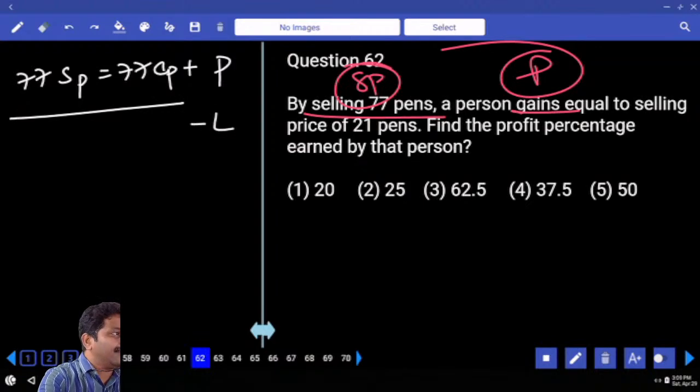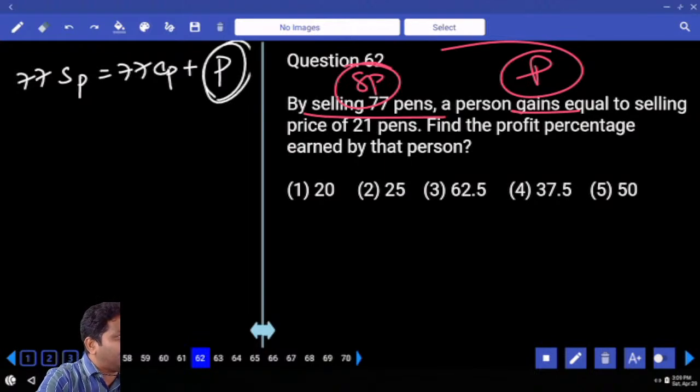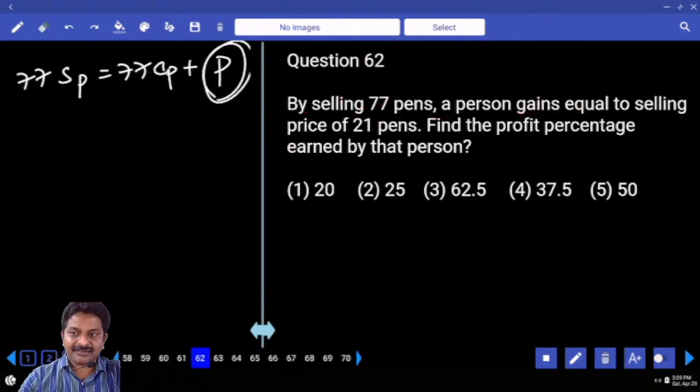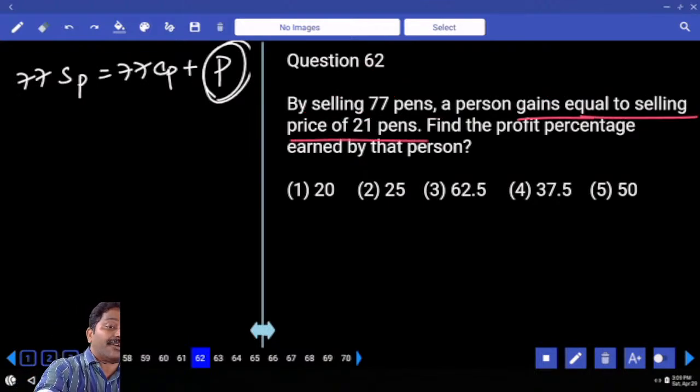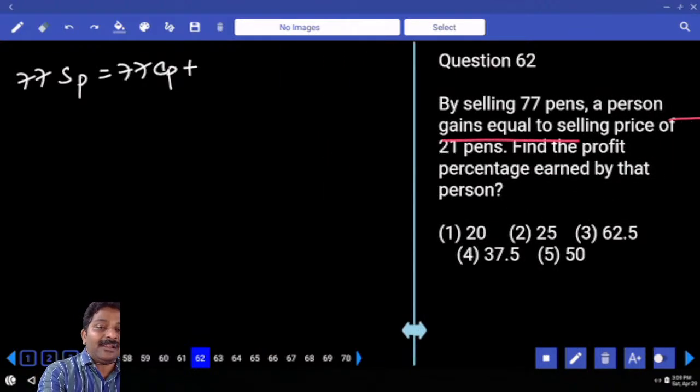Profit is plus profit, loss is minus loss, right? Yes or no? Now do you have any clarity about this profit? Read the question. The gain, profit equals the selling price of 21 pens. So in place of profit, can I write 21 selling price or cost price? Selling price.